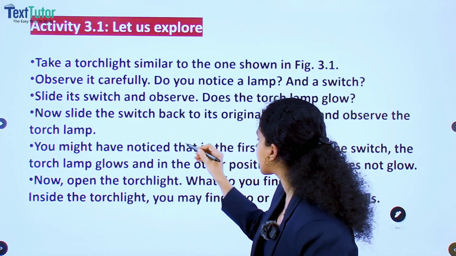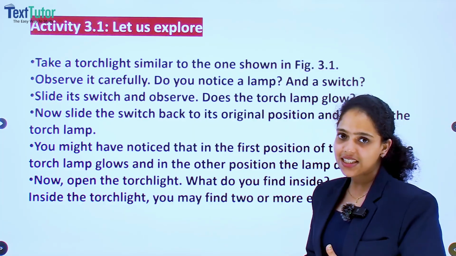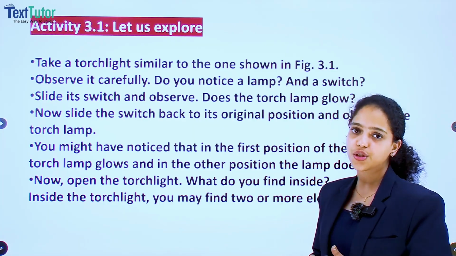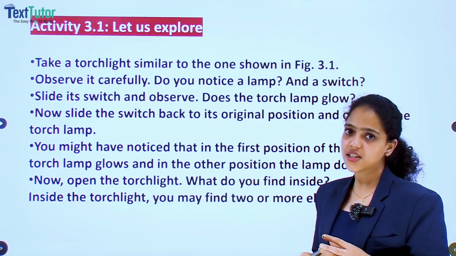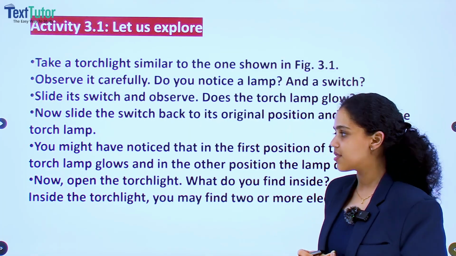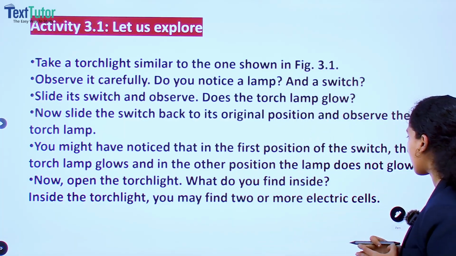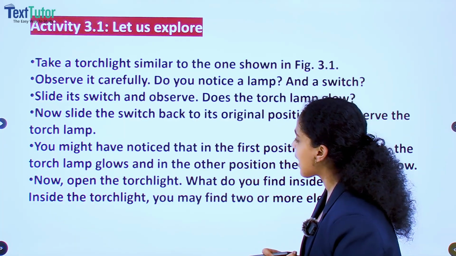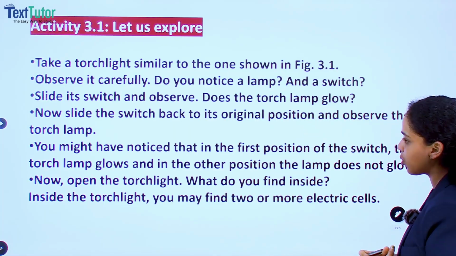Now slide the switch back to the original position and observe the torch lamp. While we are sliding the switch backward, the light turns off. You might have noticed that in the first position of the switch, the torch lamp glows, and in the other position, the torch lamp does not glow.